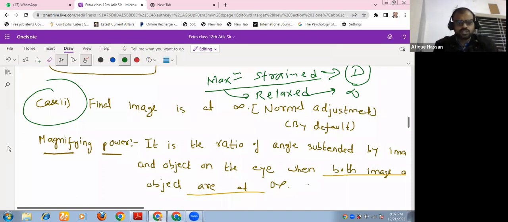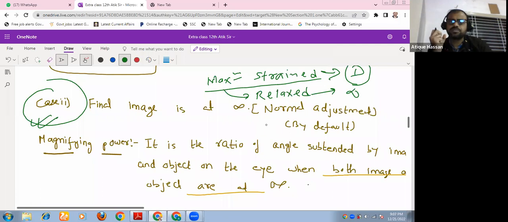Got it? So now the case 2, that is final image at infinity, is normal adjustment or the eye is relaxed. And you can also observe in normal day-to-day life that when you see nearby objects, like when you are reading a book and you keep the paper closer and closer to your eyes, you will feel that your eyes are getting more strained.